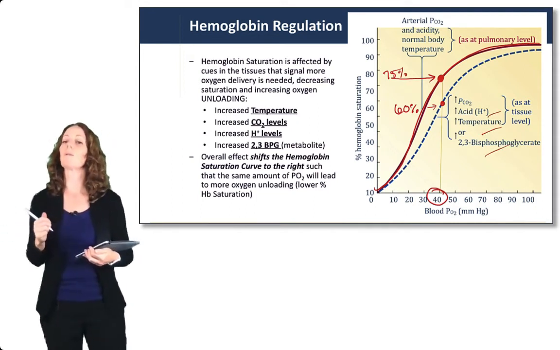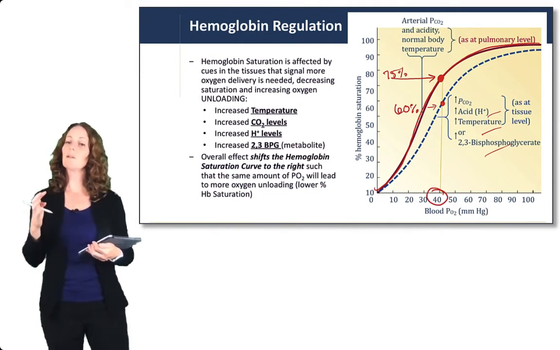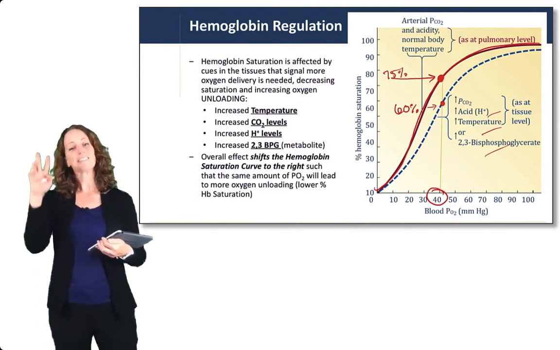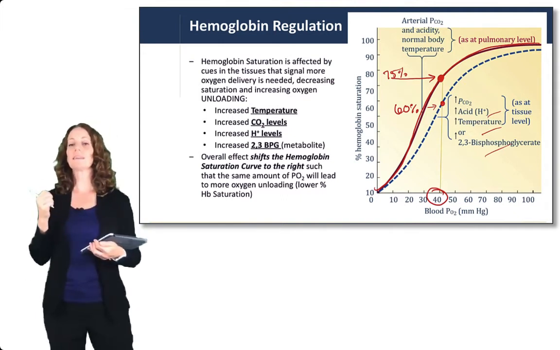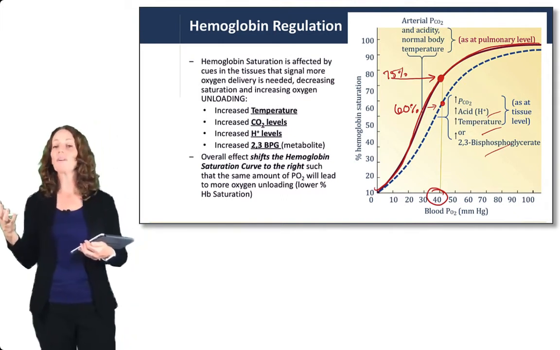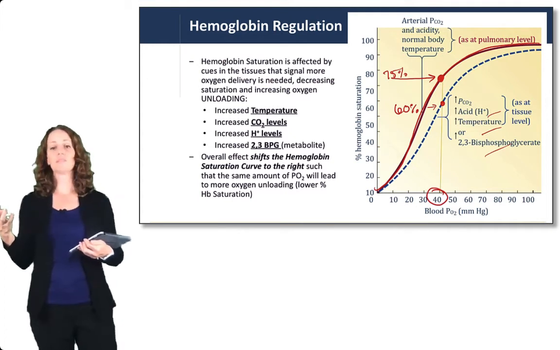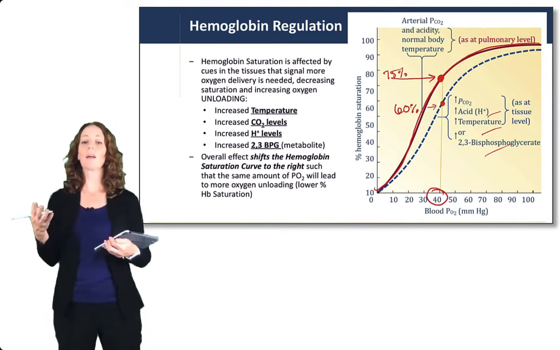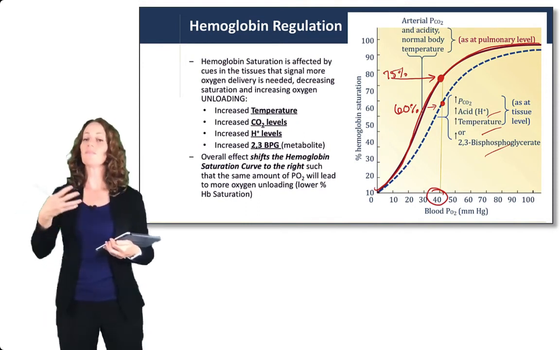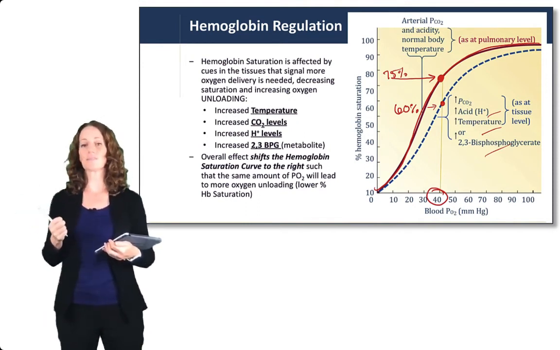because of this increase in signaling to that hemoglobin molecule. So the hemoglobin molecule is smart in a way. It senses oxygen levels and it senses other signals that the tissues need more oxygen. And when it does that, it drops off more and more oxygen to be able to fill that need in the tissues.